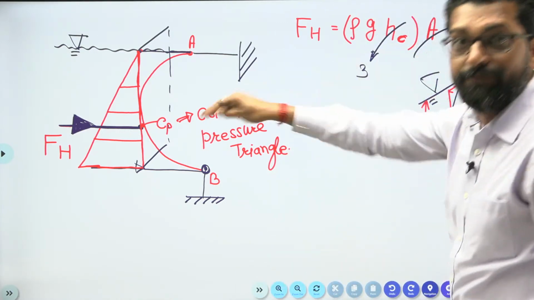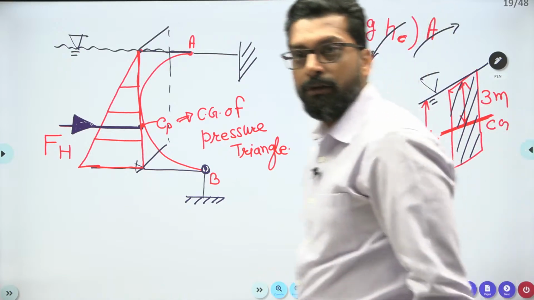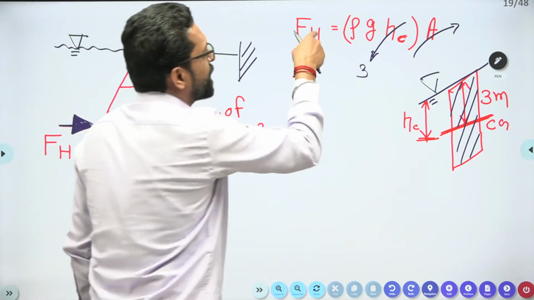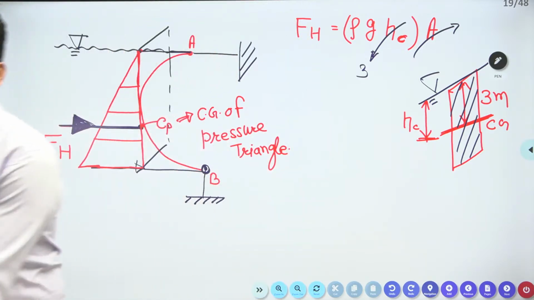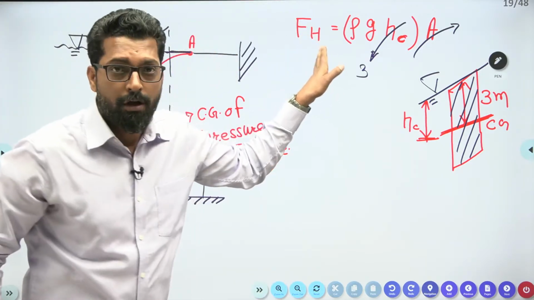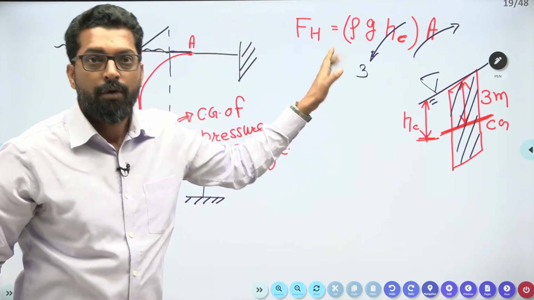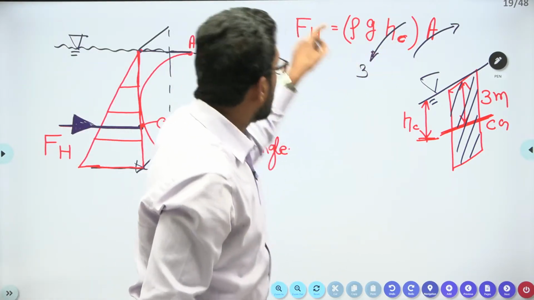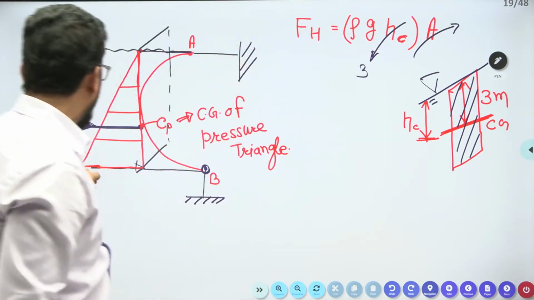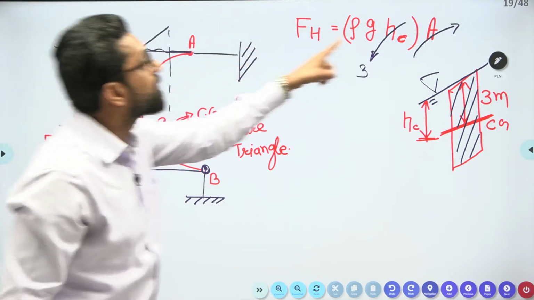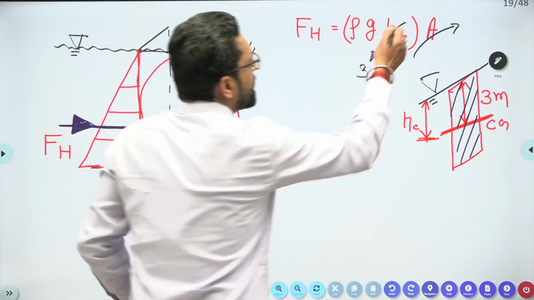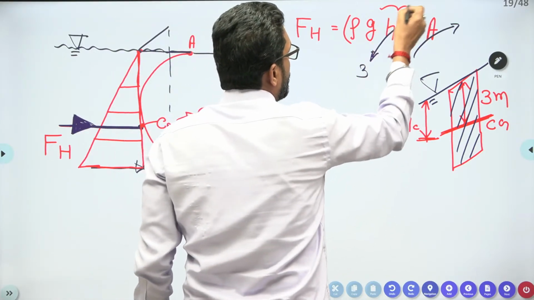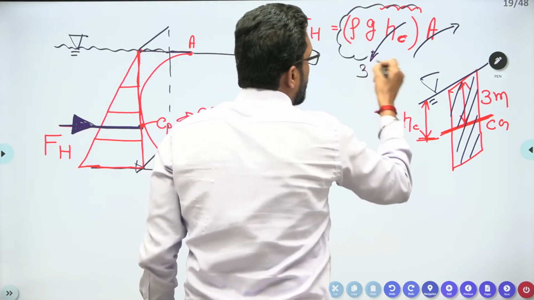See the depth. For the calculation of the horizontal force, it is not necessary that this horizontal force acts at the CG. See this, that means you have a lack of basic derivation. Go through the derivation.